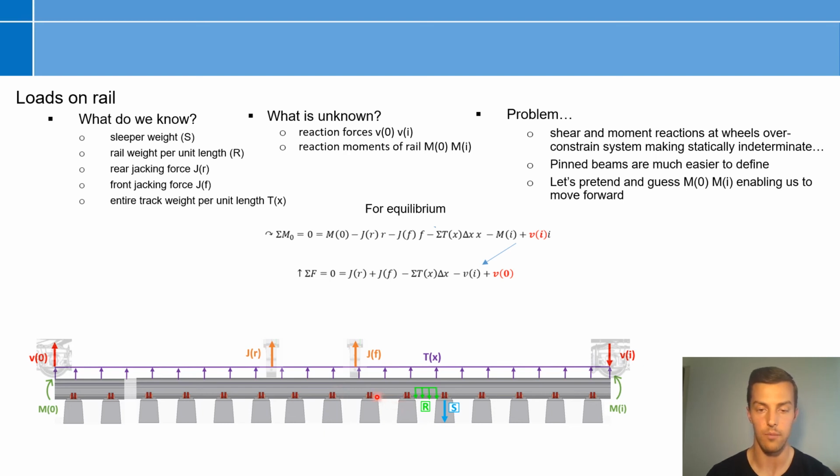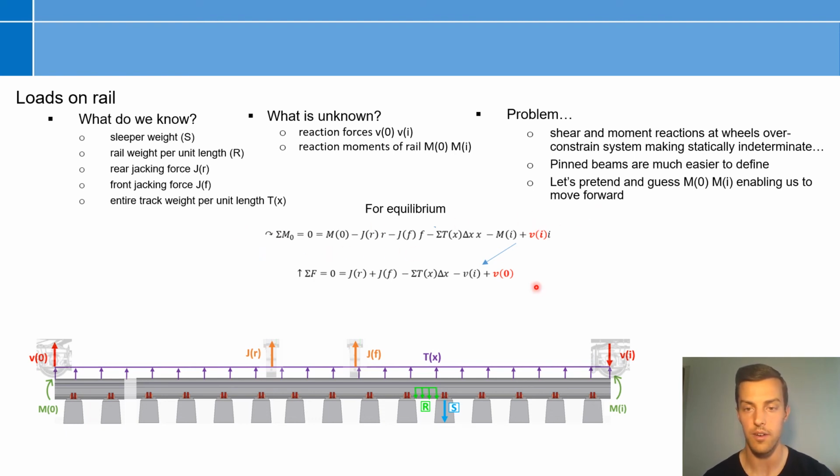And our moment at the left convention is rotating it clockwise, and our moment at the right boundary convention is rotating it counterclockwise. And then our shear force at the right side times the entire length of track is going to rotate it clockwise. And that develops this equation right here.